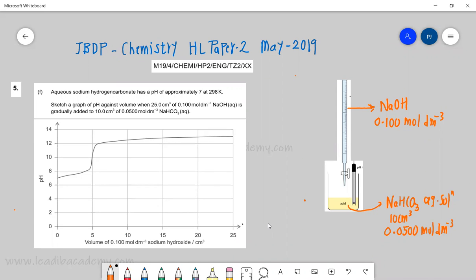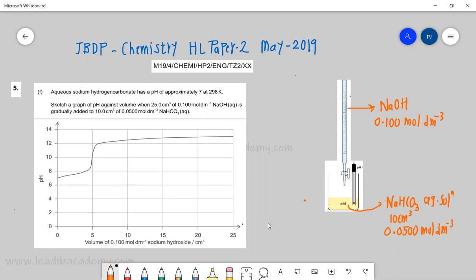Okay, interesting question, 5F. Aqueous sodium hydrogen carbonate has a pH of approximately 7 at 298 Kelvin. Sketch a graph of pH against volume when 25 cm³ of 0.1 mol dm⁻³ NaOH is gradually added to 10 cm³ of 0.05 mol dm⁻³ NaHCO3.